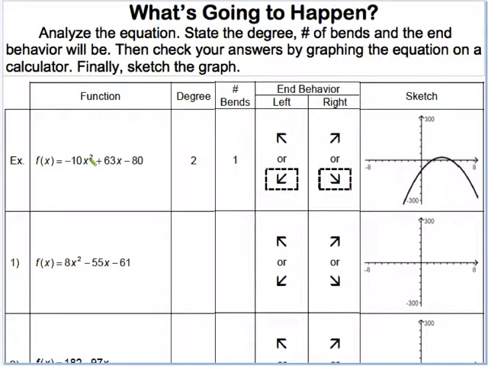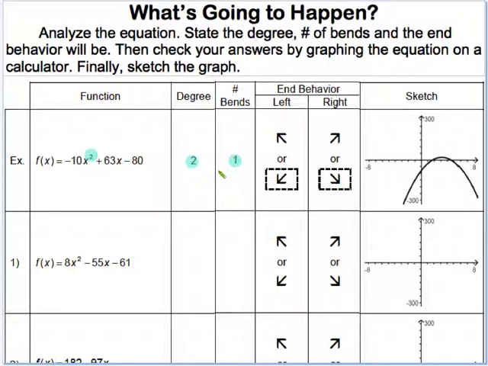You've got a degree of 2 here, so you just write the number 2 here. That's our highest exponent. Well, if we have a degree of 2, the maximum amount of bends we can have is 1. So we're going to write a 1 there because that's the number of bends. And then look at your leading coefficient.